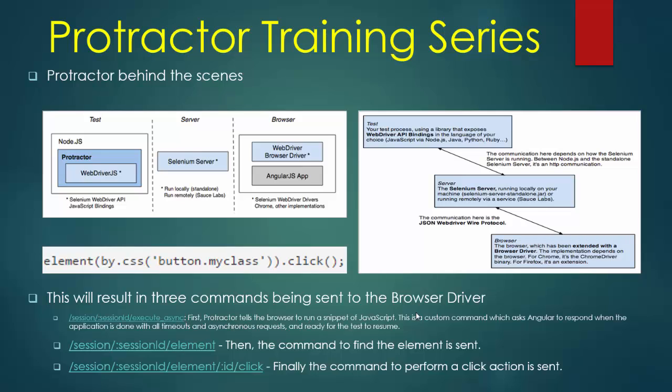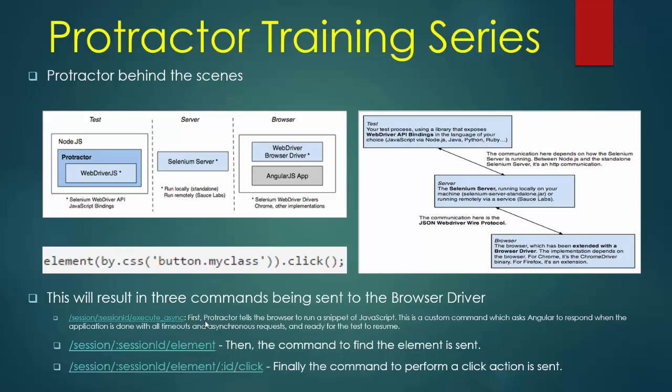This is basically to see if there are any other asynchronous commands that are already running, so that it will wait for all those asynchronous requests to be completed, and then it will help you resume your test.